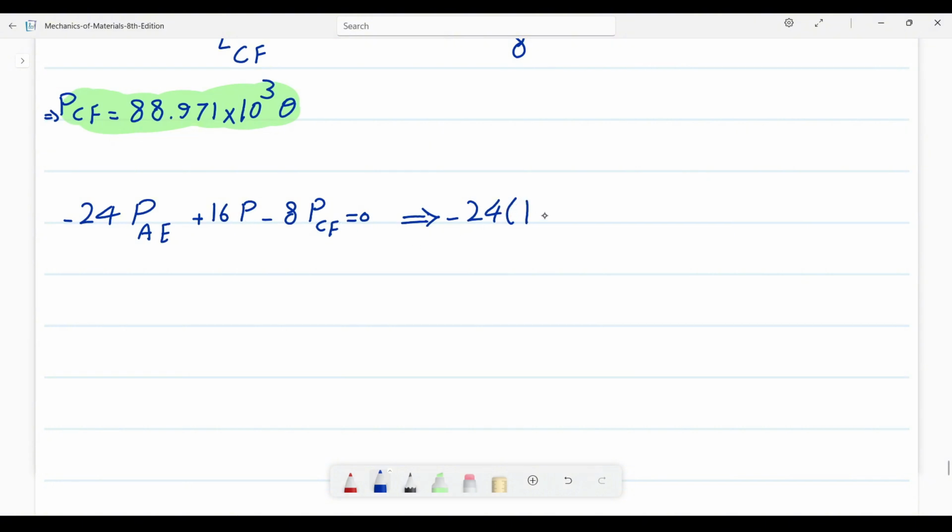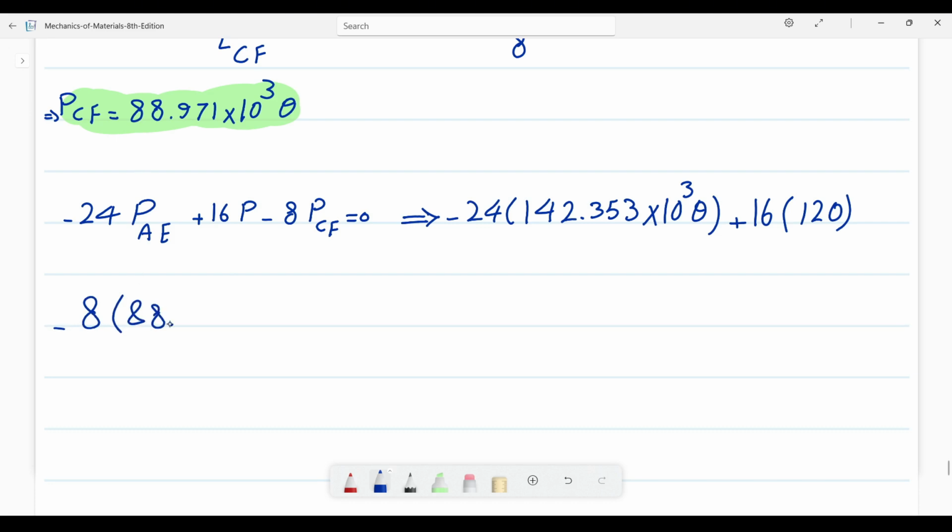We write it here: minus 24 multiplied by 142.353 times 10 to the power of 3 theta plus 16 multiplied by 120, minus 8 multiplied by 88.971 multiplied by 10 to the power of 3 theta equals 0.